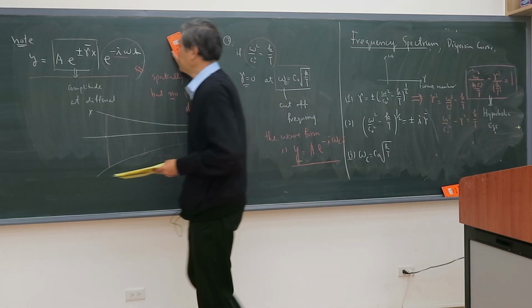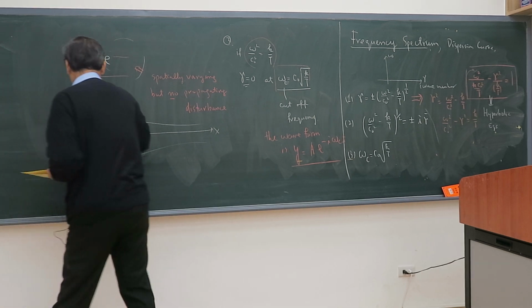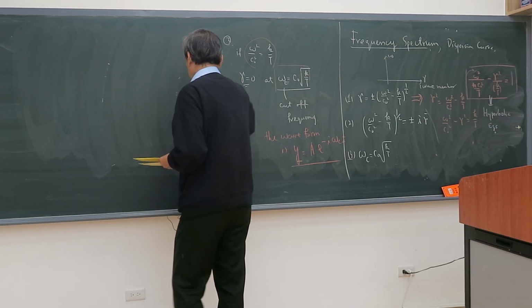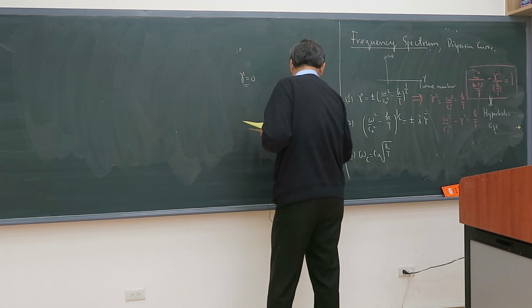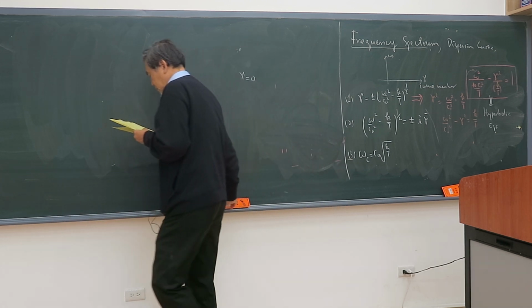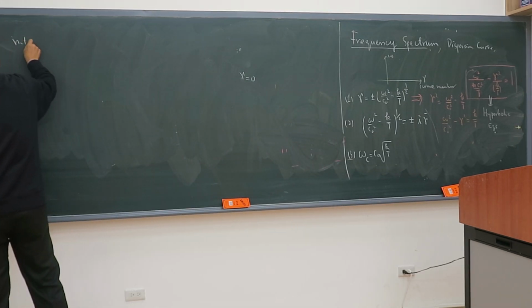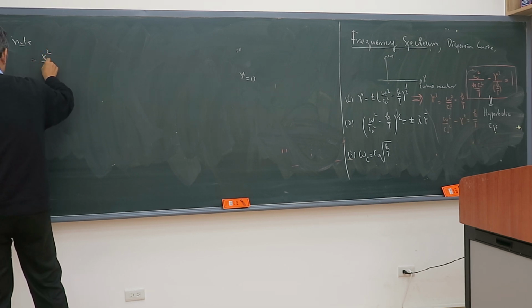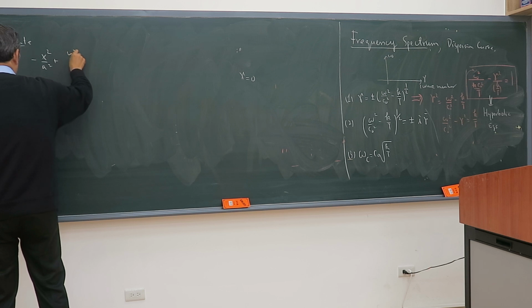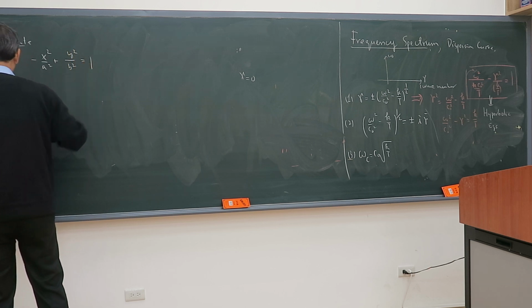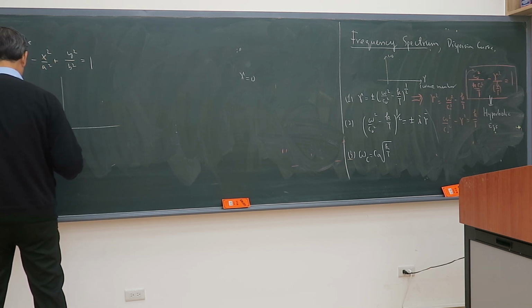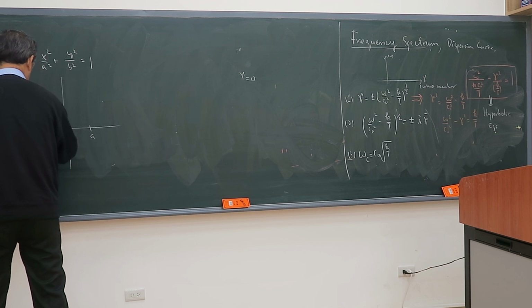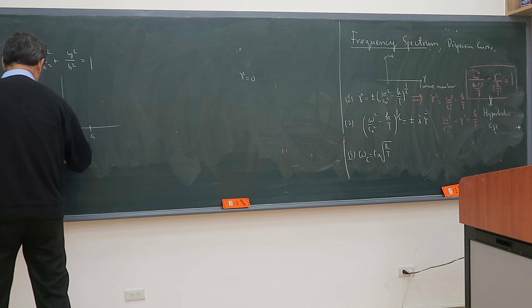So let's draw it. Note, if we have an equation minus x squared over a squared plus y squared over b squared equal to 1, it will have this a and minus a, and this b and minus b.